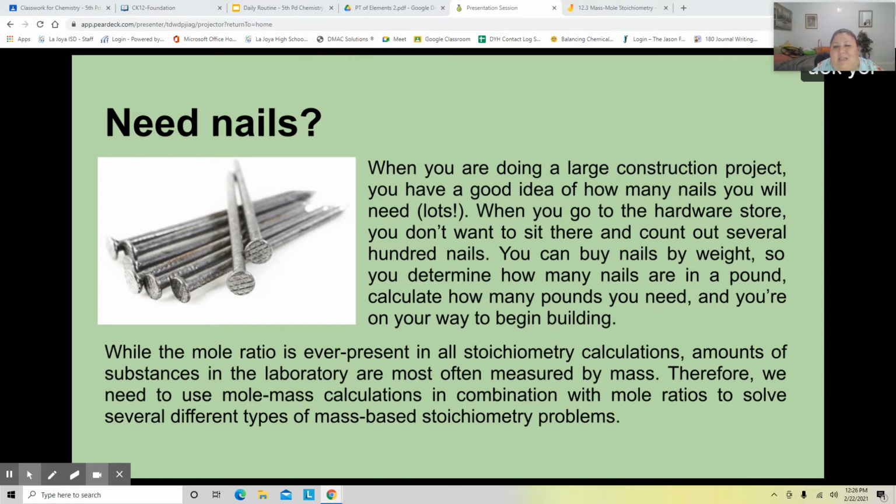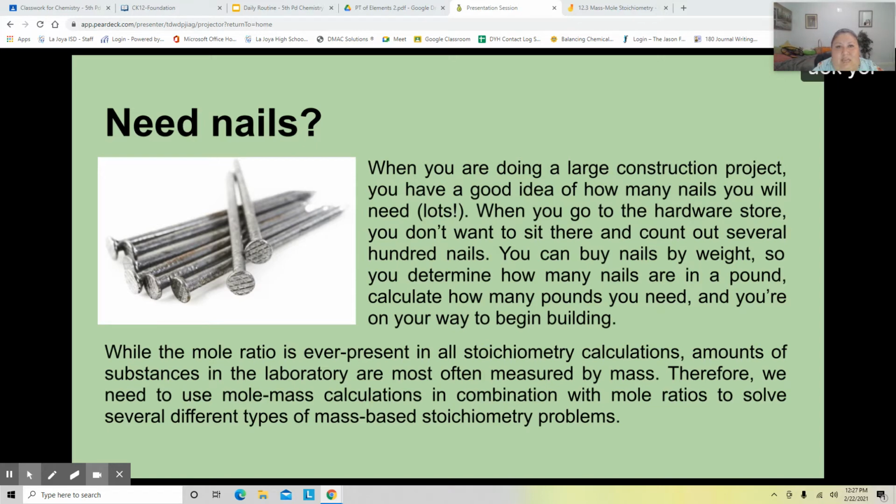And that's gonna be a lot easier for Oscar to handle, rather than wasting a lot of time counting out 500. Because Oscar's smart that way. So he measures out his 5 pounds and heads on out, and he helps his dad build his man cave. So stoichiometry works the same way.